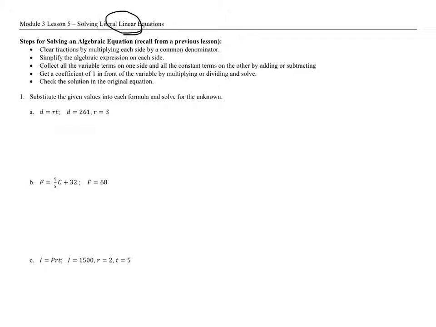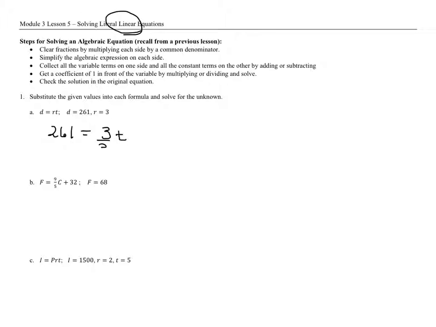Okay, the first 3 are really neat because you just get numbers and you're just plugging in and solving. For the first one, d is equal to RT, so distance is equal to average rate times time. I'm going to substitute 261 in for d and 3 in for r, and then solve for t.